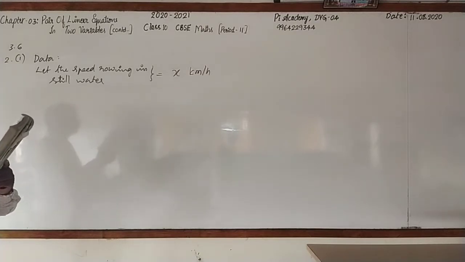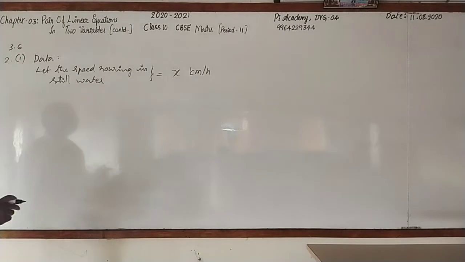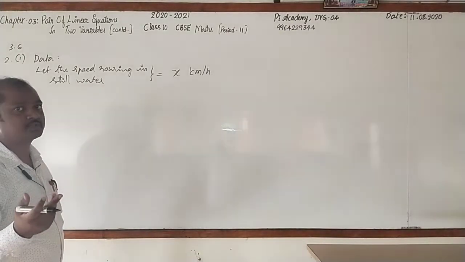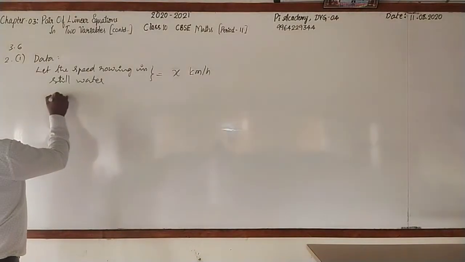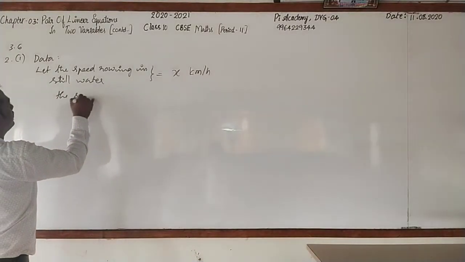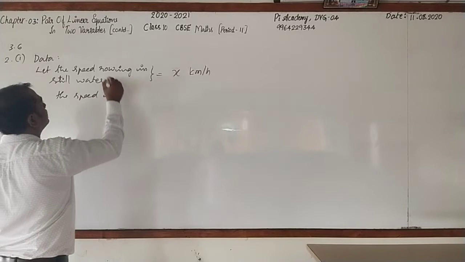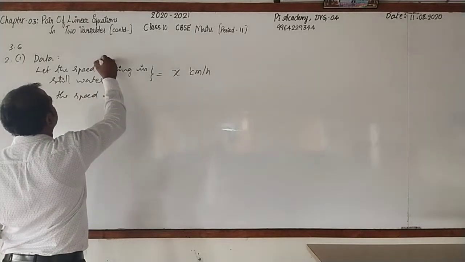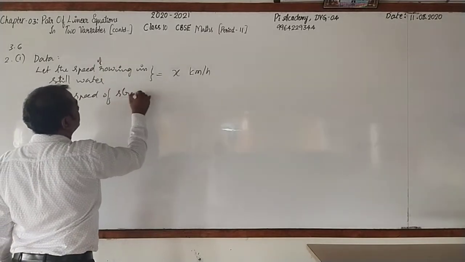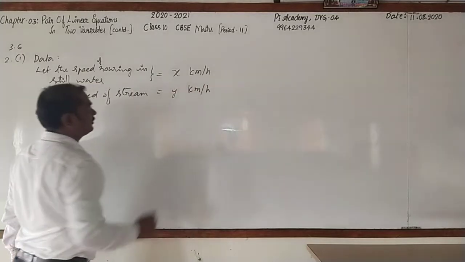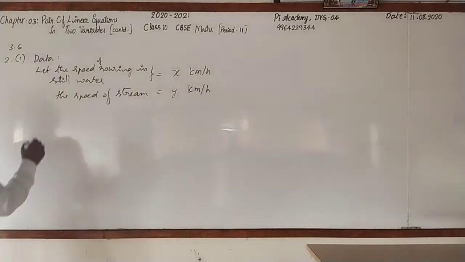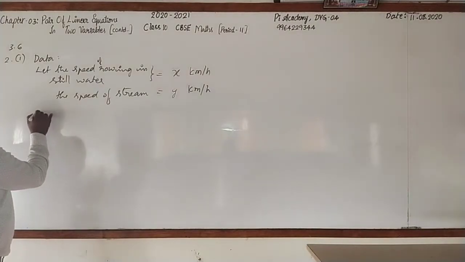Similarly, we are also going to find the speed of the current, nothing but the speed of the stream, also called the flow of water. The speed of the stream is equal to y kilometer per hour. Now, let's go for calculation.